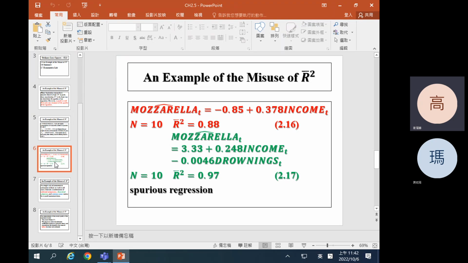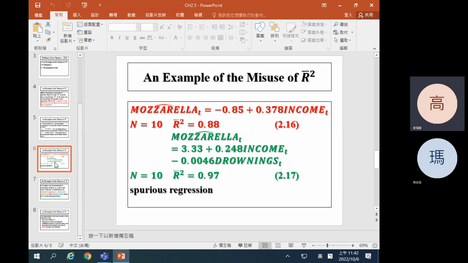And although we don't have the data, the author shows that if we use income as the X variable, the adjusted R squared is 0.88.